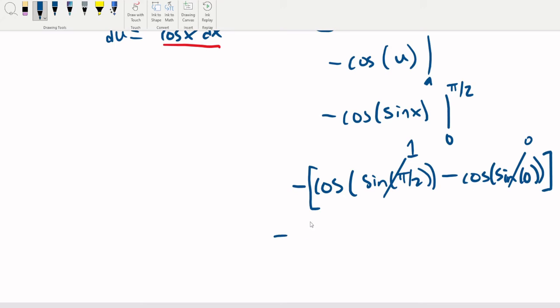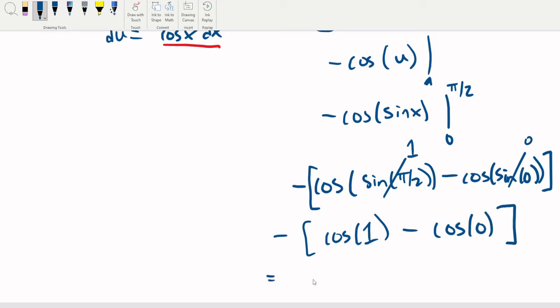So this is negative cosine 1 minus cosine 0, which ends up being negative cosine of 1, which you can plug in a calculator to get a decimal, but we're just going to leave it like that. And then cosine 0 is 1, so negative, negative. There you go.